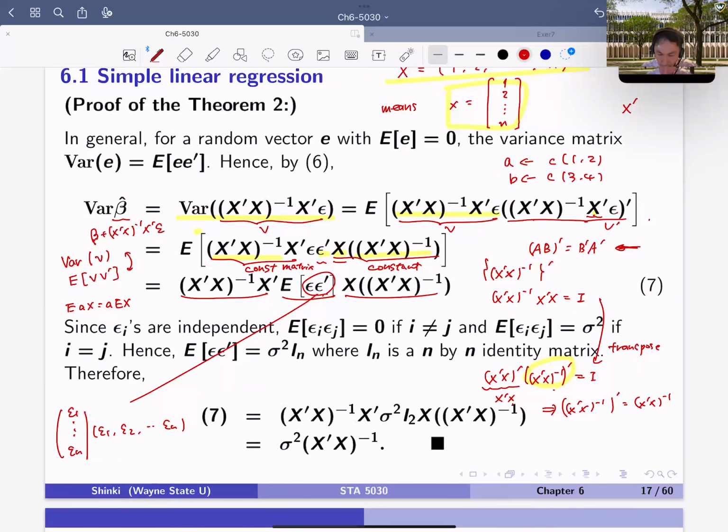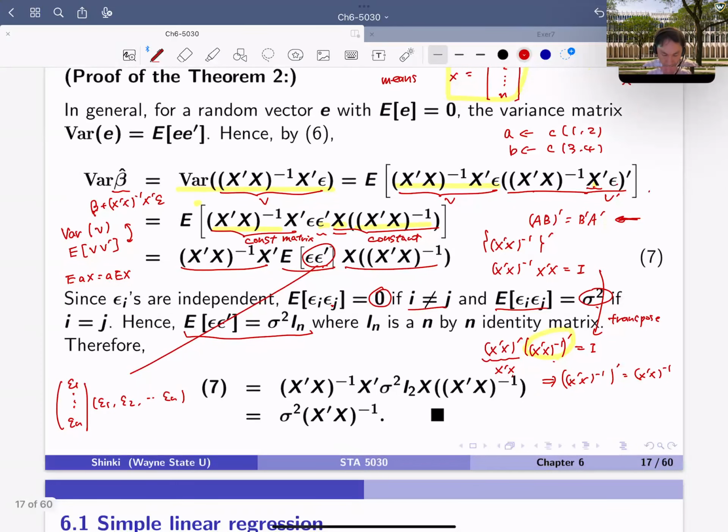But this quantity is 0 if i is not equal to j, because of independence: the expectation decomposes, and the expectation of epsilon i is 0. If i is equal to j, it does not decompose, and it is just the expectation of epsilon i squared, which is sigma square. So diagonal terms are sigma square and off-diagonal terms are 0. That makes this entire quantity sigma square times the identity matrix, an n by n matrix.